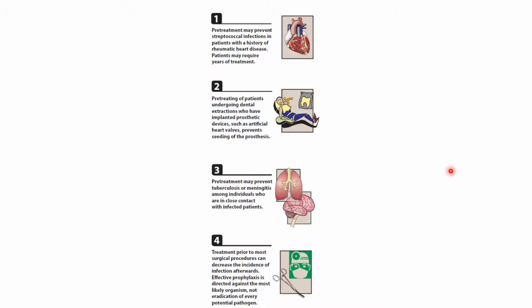But these only 4 reasons are for the prophylaxis. Other drugs can usually be used for prophylaxis more frequently, but for antibiotics it's prohibited to use them for prophylaxis unless it is one of these cases. The reason is that the bacteria will acquire resistance to the antibiotic.